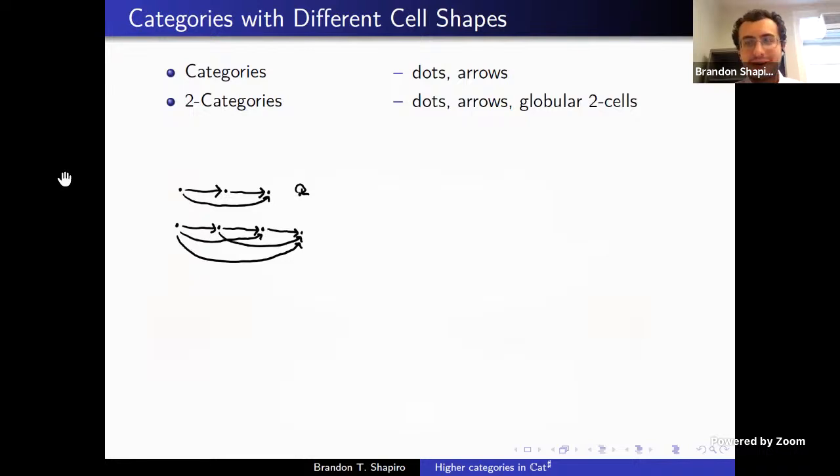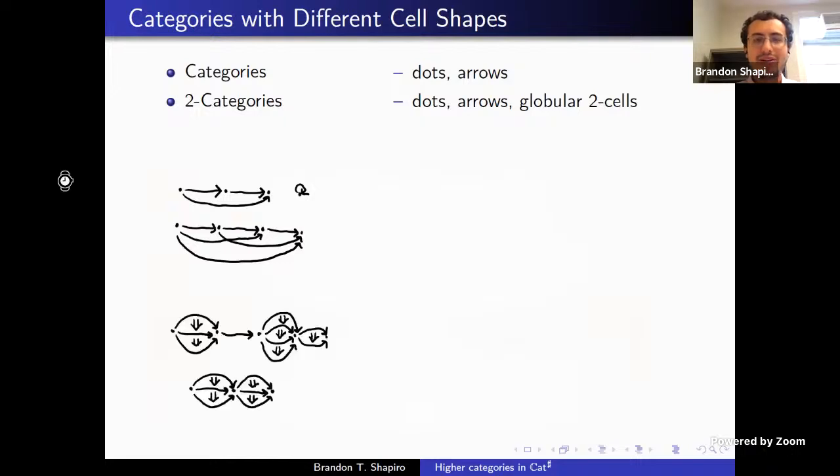And so another type of higher category, which is probably relatively familiar, is two categories, where we have the same shapes, but we also add these higher dimensional cells called two cells. And we can compose them in all sorts of different ways. Vertical, like the columns in these diagrams, horizontal, so along one of these dots in between two cells, we can compose them that way.